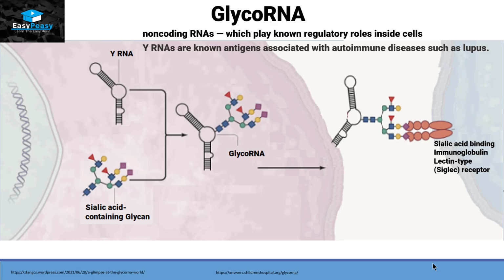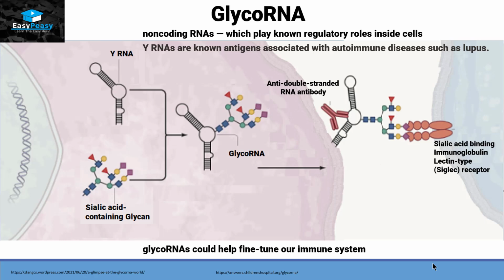So when this glycoRNA was recognized by the siglec receptor, as a result, it helps in the production of anti-double-strand RNA antibody. So there is a chance that glycoRNAs could help fine-tune our immune system. More research is still going on with this glycoRNA.